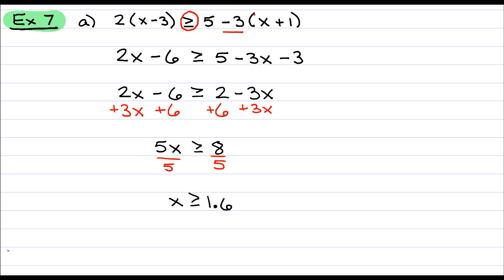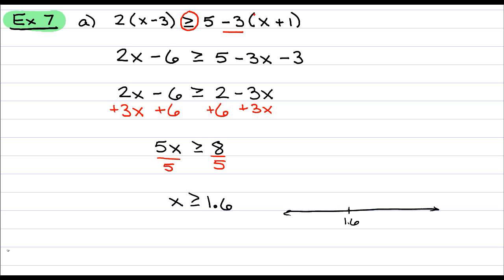So that's the answer, but we are asked in this case to give our answer in interval notation. So to explain how that works, let me first draw a quick geometric sketch of our solution. Let's say we have a number line here, and let me mark off 1.6.